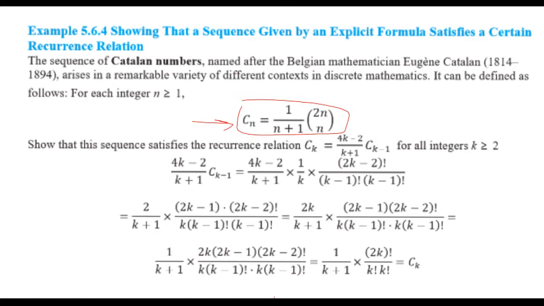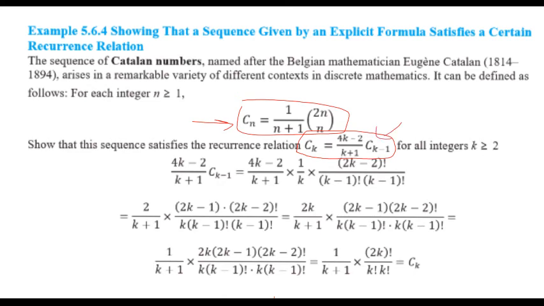So here we are going to create a recursive formula for the same sequence, the sequence of Catalan numbers, and basically we are going to prove that this recursive equation works for the Catalan numbers.